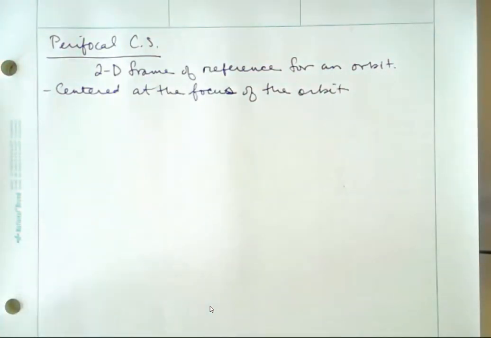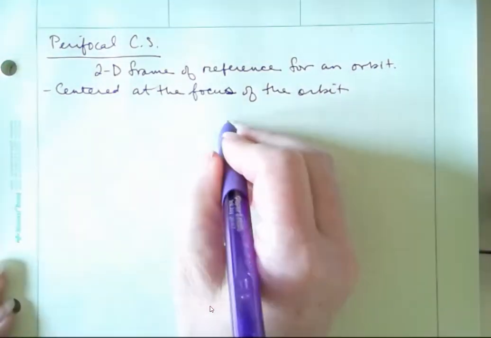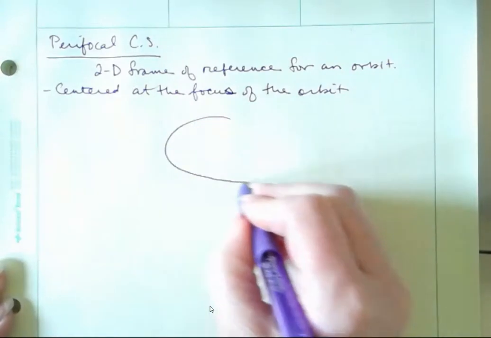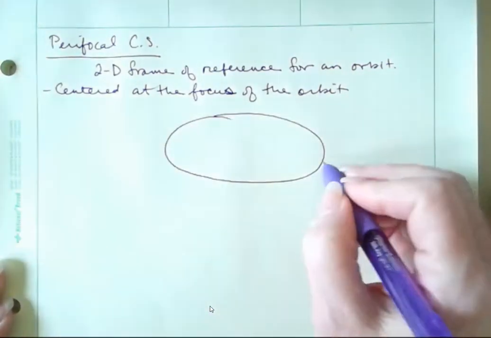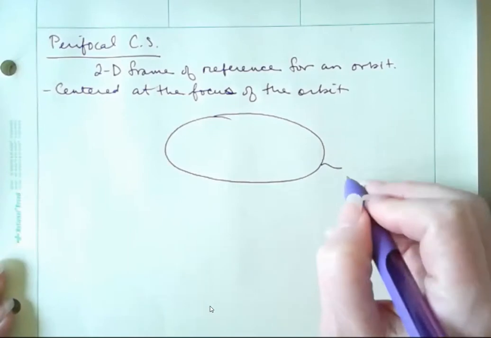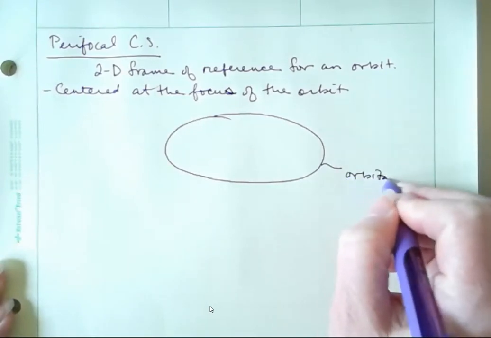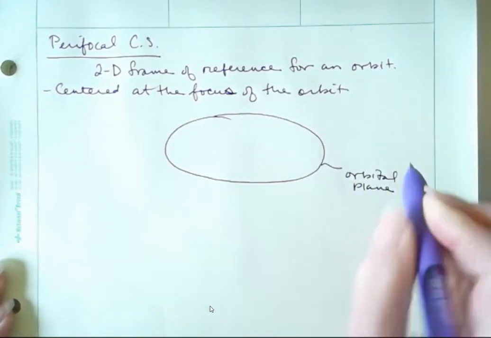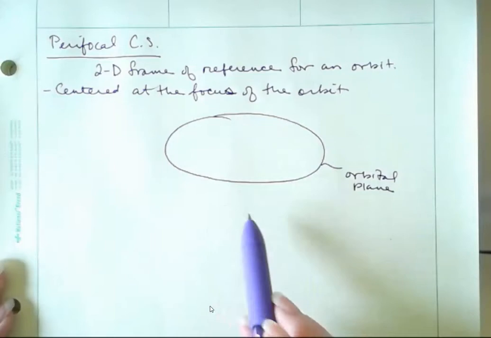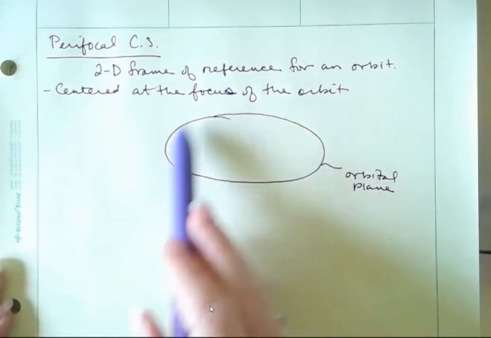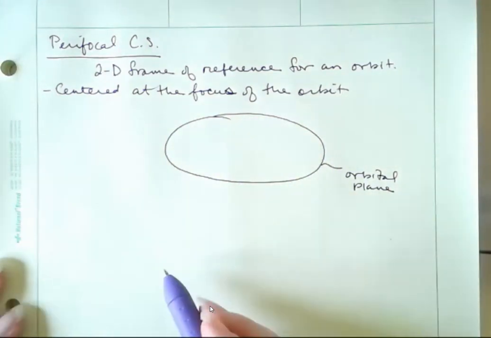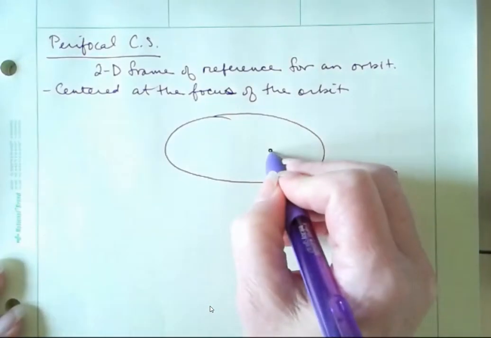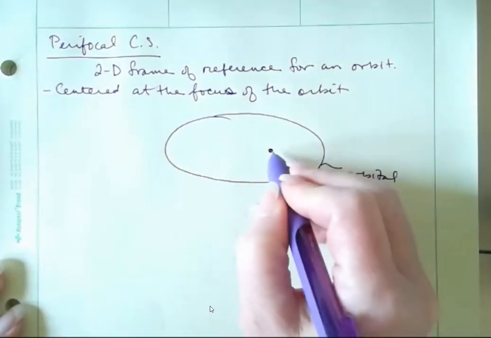Okay. So if we were to draw this, we have this. Now this is going to represent our orbital plane. So just think about, you have a satellite that's orbiting, let's say it's an elliptical orbit. This would just be that plane representing where the orbit is taking place. Okay? And we're going to have the origin at the focus.